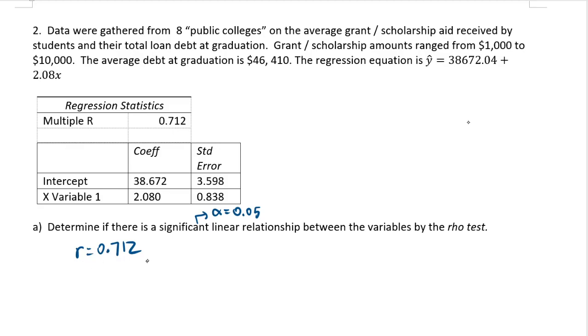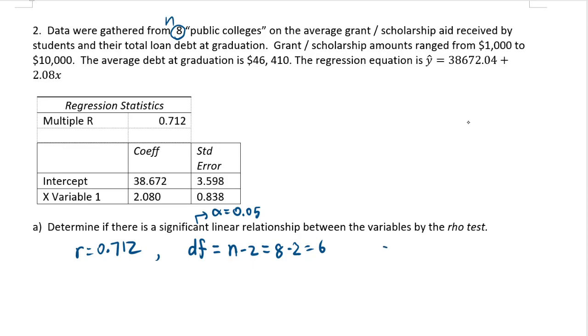So you need this value, and there's another value you need for the r-test, which is the DF, degrees of freedom. And degrees of freedom is n minus 2 for simple linear regression. Since our n is 8, the data is from 8, so that's your value of n. 8 minus 2 would be 6. So 6 is the degrees of freedom.